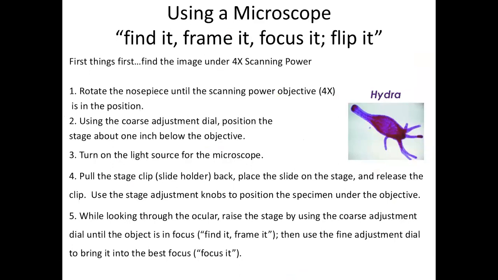When you're looking at the slide, before you look in the microscope, you can see the light coming through from below, so you can position your sample a little that way. Then you can look through the ocular lenses while you slowly raise the stage using that coarse adjustment dial to get it in focus. Once you get that in focus, you can adjust the fine focus with that fine focus knob.